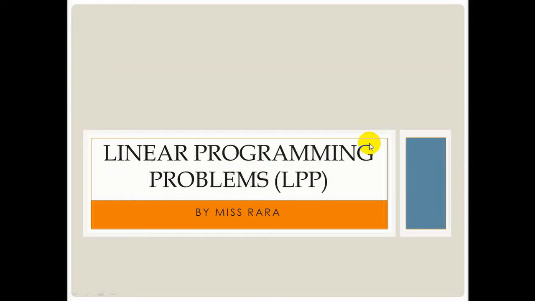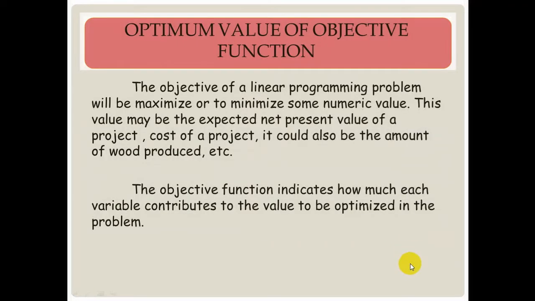Today we will learn about linear programming problems, or LPP. Before we try to answer linear programming problems, you need to know about the optimum value of the objective function. The objective of a linear problem will be to maximize or minimize some numeric value.